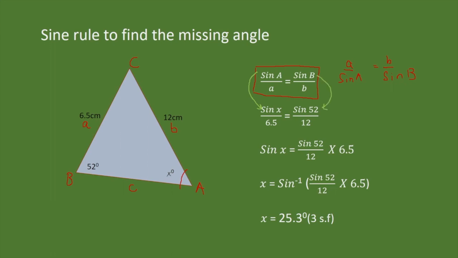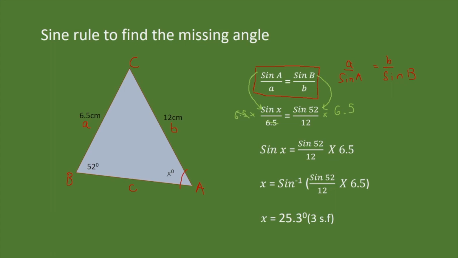Now we make sine x the subject of the equation. I times both sides by 6.5, and then I cancel this. So I have sine x is equal to sine 52 over 12 times 6.5.